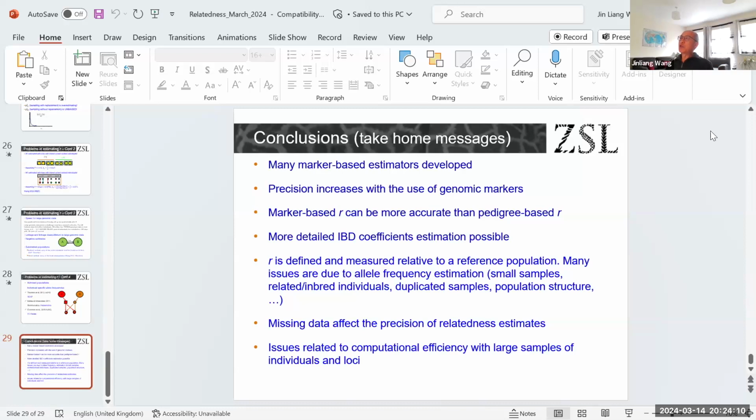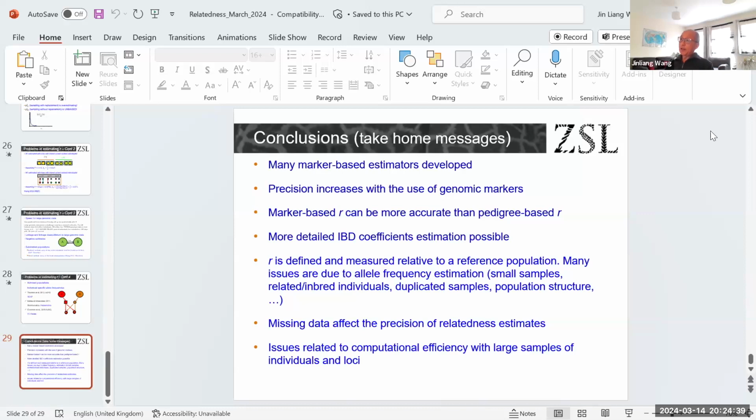I guess for most people and for most applications, what we are interested in is the point estimate of relatedness. If we have individuals A and B, we just want to know on average how related these two individuals are, and see if it is 0.1 or 0.5.